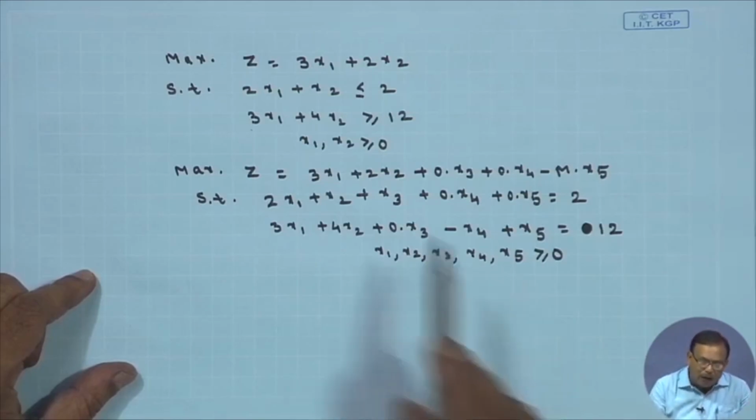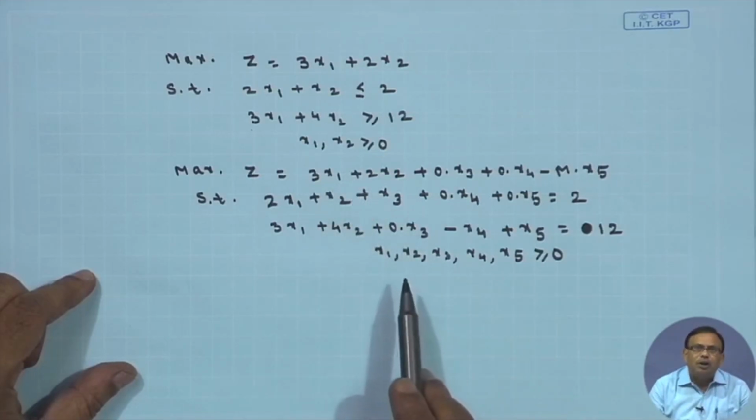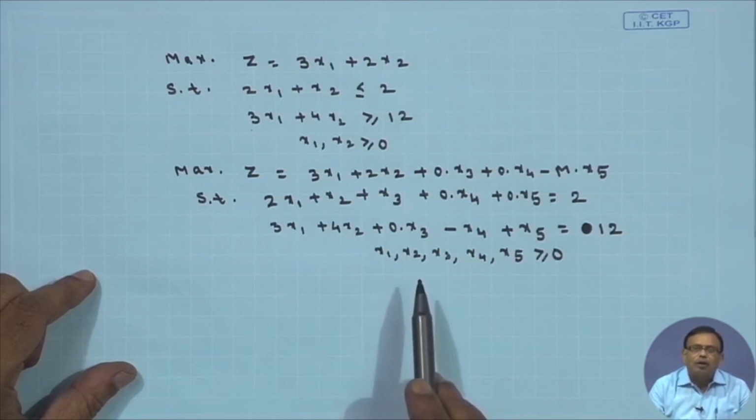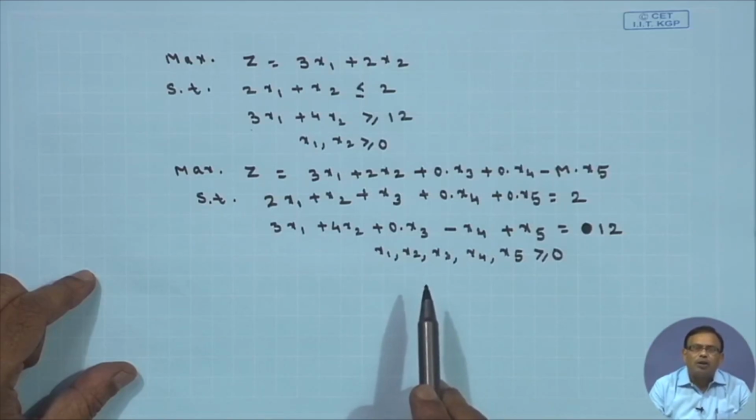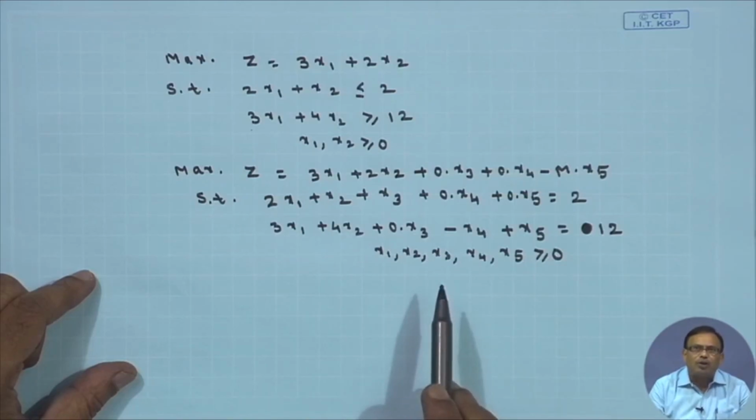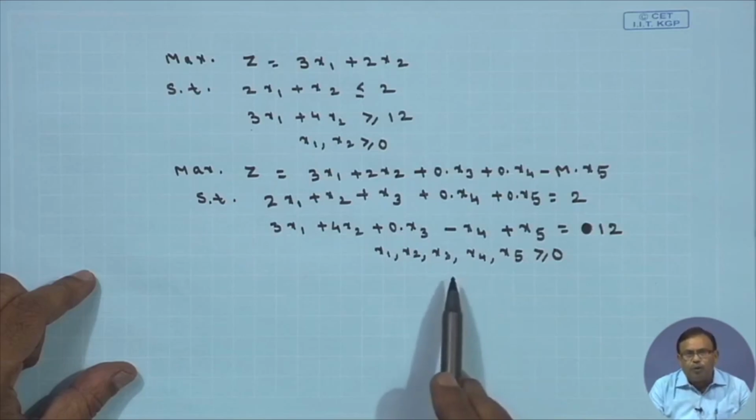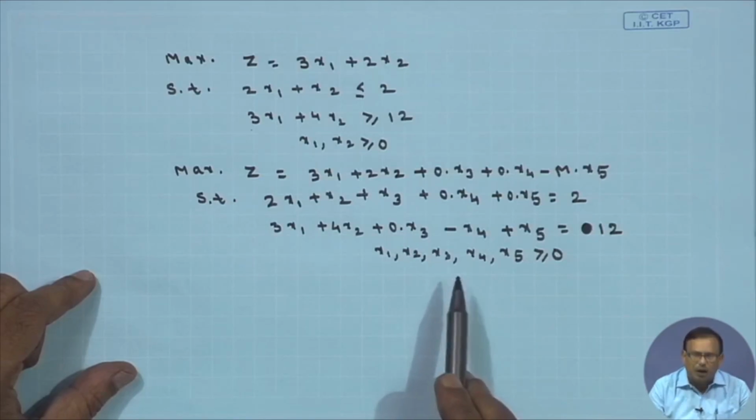So, you had the original problem, and you are writing it into the standard form by introducing slack variables, surplus variable and artificial variable depending upon the nature of the inequality sign in the constraint. Here I do not have any equals type of constraint, that we will take in another example afterwards. Now, we will use the normal simplex method whatever we have discussed earlier.